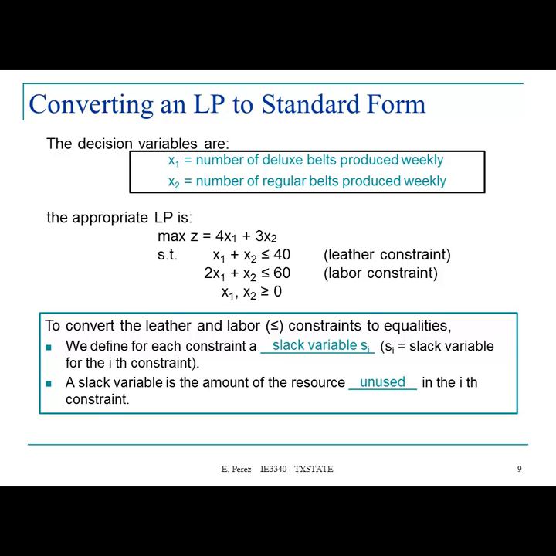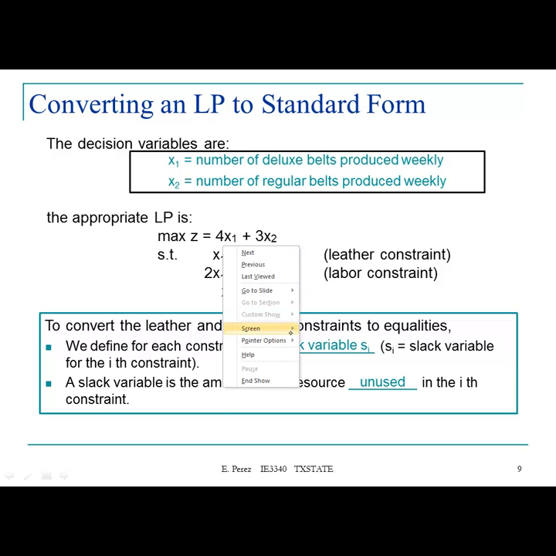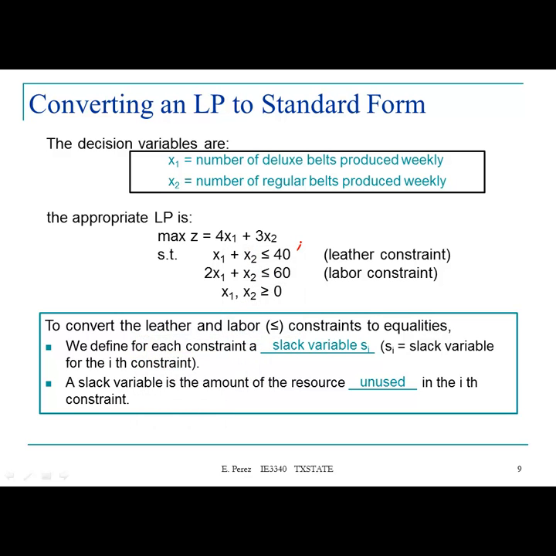Okay, so if you don't use part of the constraints, what we are doing here is the following. We want to make that an equality. So we have x1 plus x2 plus s1 equal to 40.